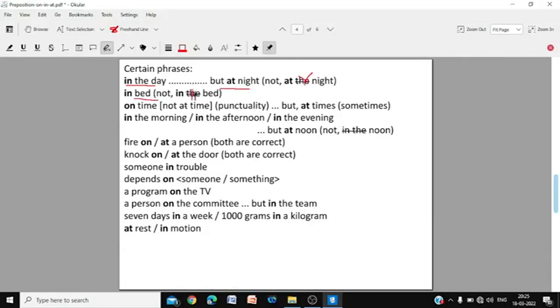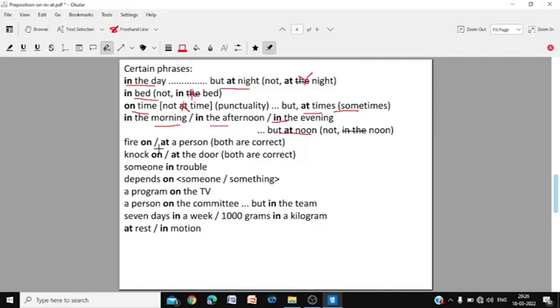He was in bed. On time, referring to punctuality, not at time. On time: please come on time, please don't be late. At times means sometimes. At times, these things happen. In the morning, in the afternoon, in the evening, but at noon. Not in the noon, but at noon.